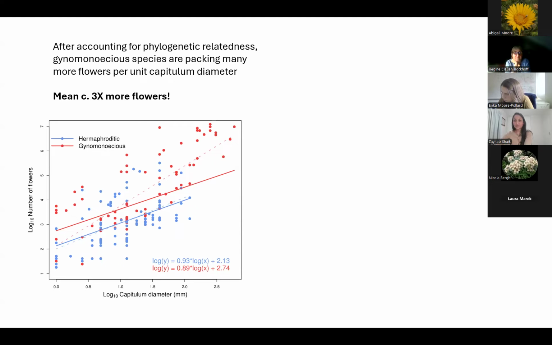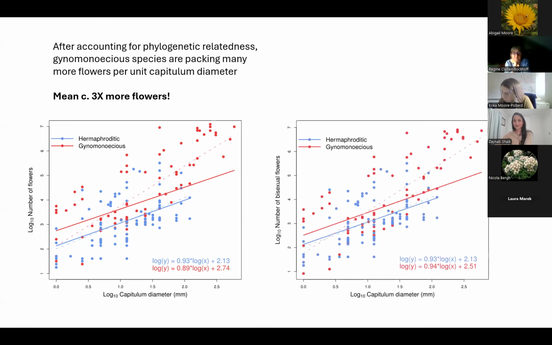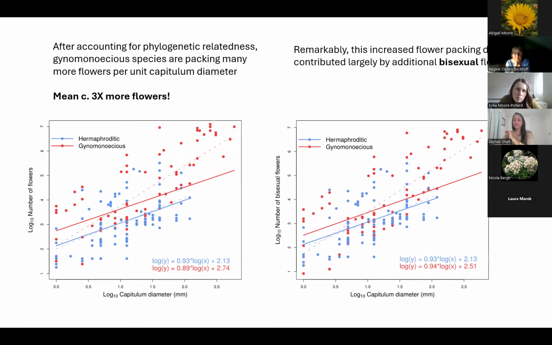But what we found was not that. So here again, you have the same figure, but the y-axis now is the number of bisexual flowers. And it turns out that gynomonoecious species are packing many more flowers into their capitula, and they're achieving this by adding very many more bisexual flowers. So this was rather unexpected.